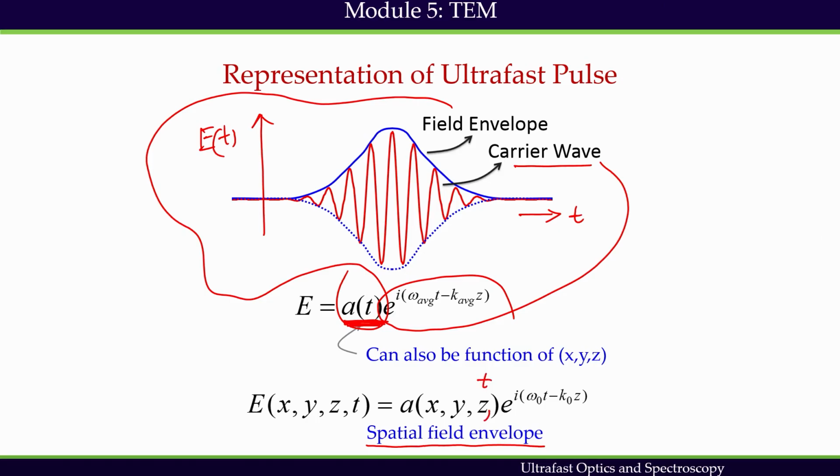So it depends on time as well as space. So the final expression for more appropriate electric field of a pulse is this one, where the envelope function is a function of space as well as time.